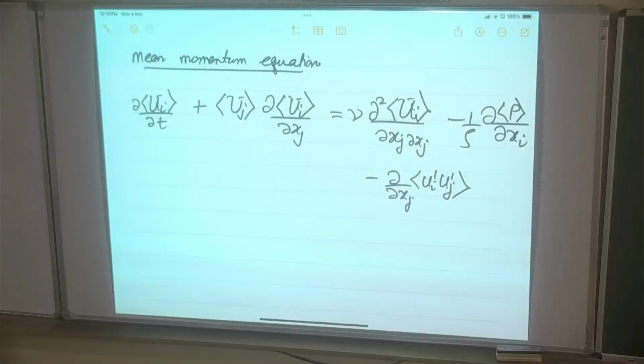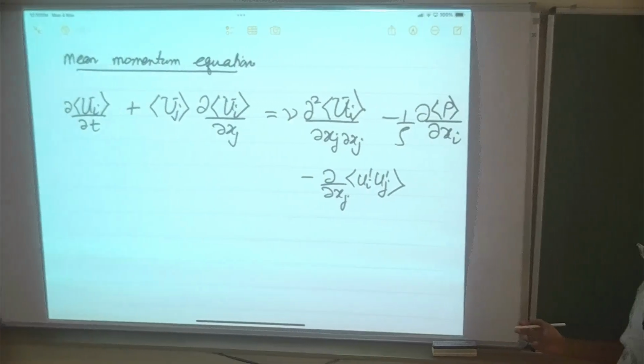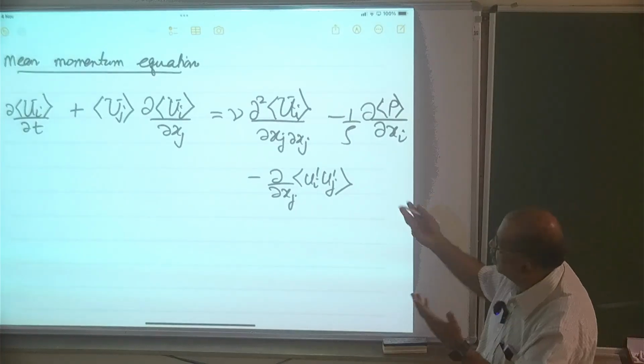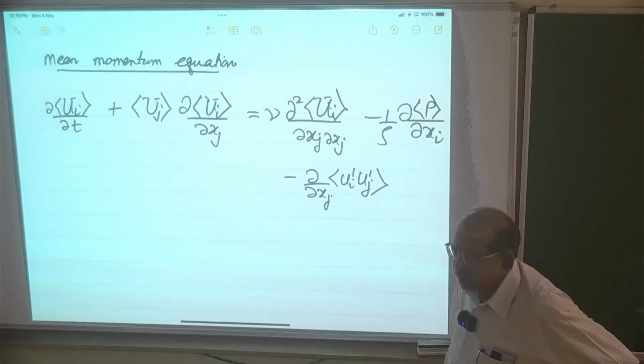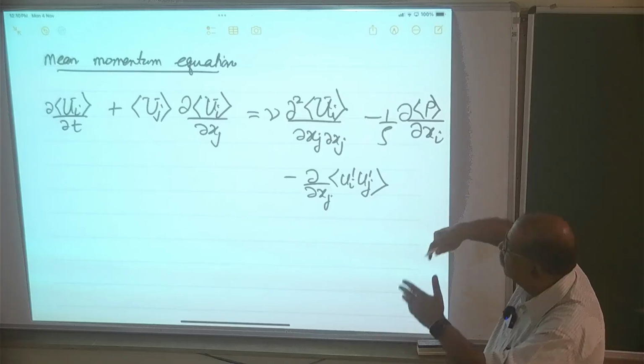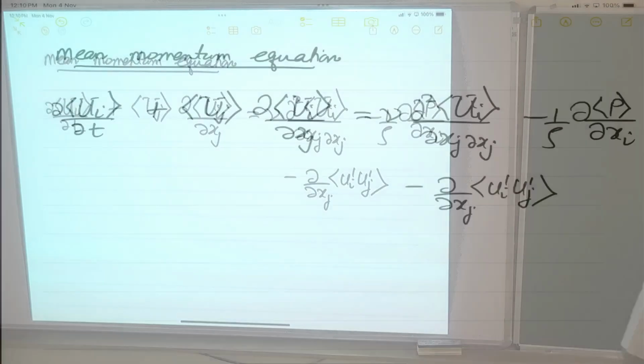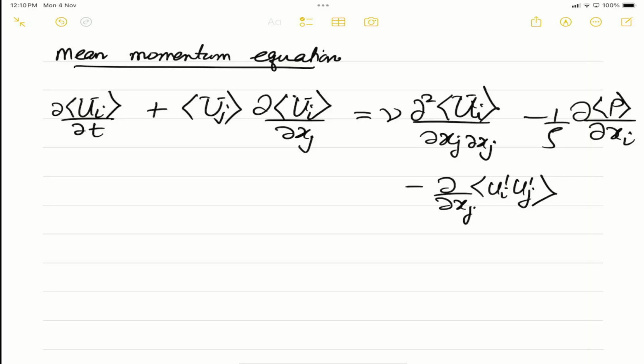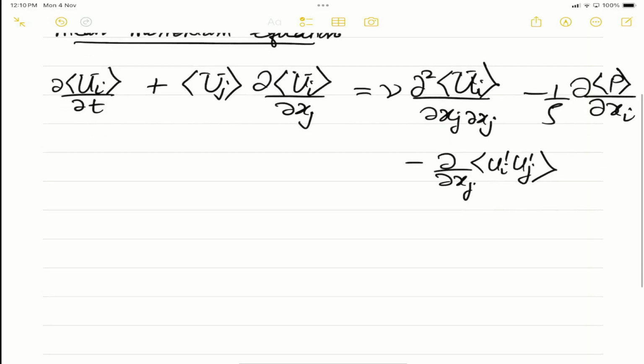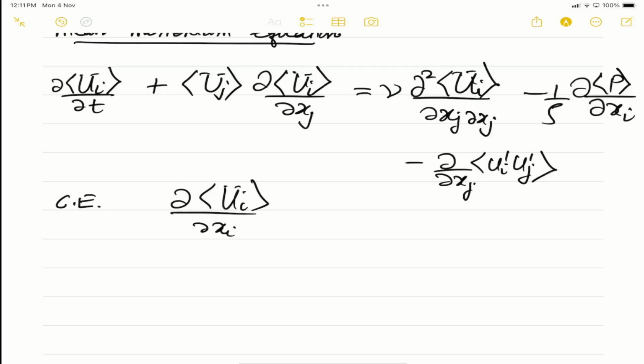All of you are familiar with this equation. I don't need to tell you this is the mean momentum equation obtained by averaging the Navier-Stokes equations. In fact, we have gone one level further, and in addition, we also have the continuity equation for mean flow.